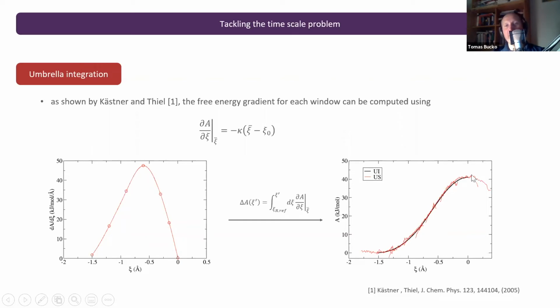Black is integration, red is sampling, and you see that the two resulting profiles are almost identical, as they should be. I will talk about several different free energy methods based on different ideas, but they are all based on the same physics. So the predictions different methods make should be identical within some statistical uncertainty, provided everything is well set up.